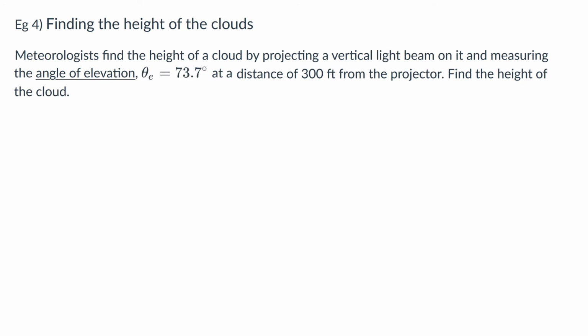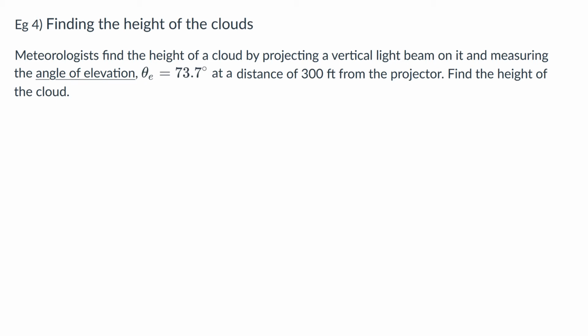This is one of the interesting applications of trigonometry in practical situations: finding the height of a cloud. Let's say you have clouds and you want to know how high they are. What we normally do is go below the cloud and project, let's say, a flash to the cloud.